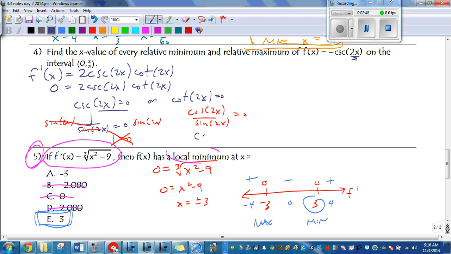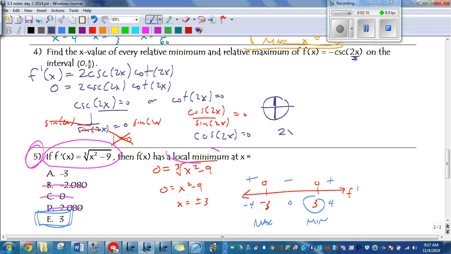So we want to figure out what makes cosine of 2x equal to 0. So on the unit circle, when is the cosine equal to 0? Pi over 2 and 3 pi over 2. Right?